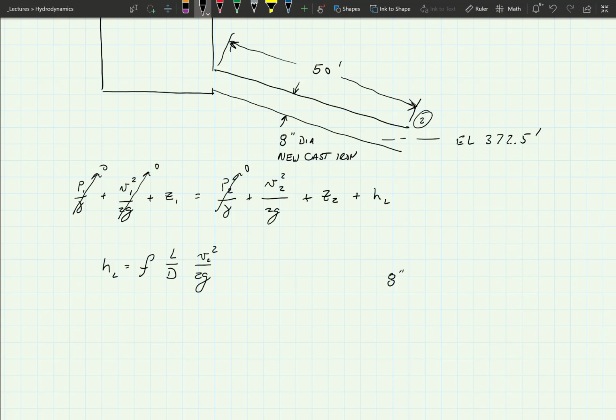Okay. And believe it or not, with the right tables, you can look these up and get the actual inside diameter. But what you're going to be looking for is in terms of feet, right? So assuming that we're just going to play with 8 inches, divide that by 12, and that's equal to how many feet?